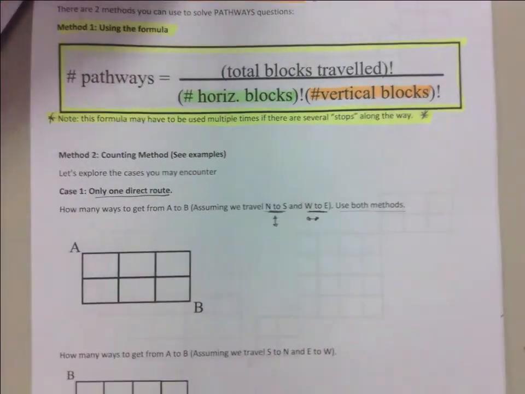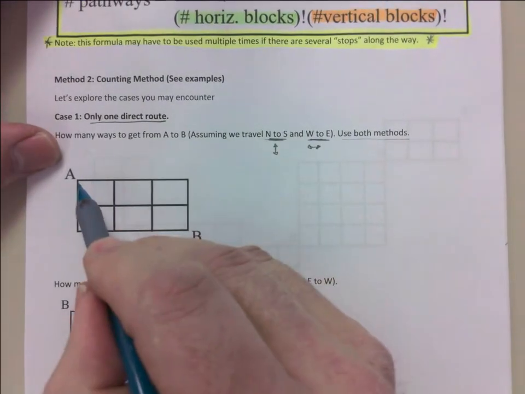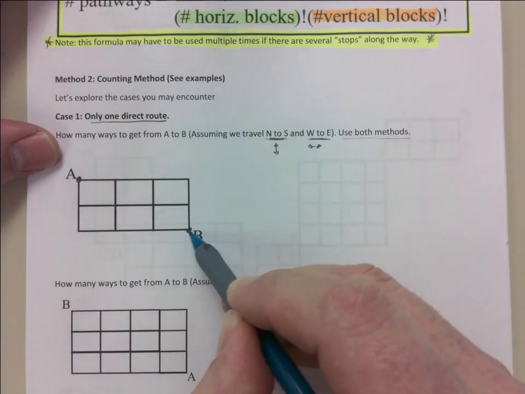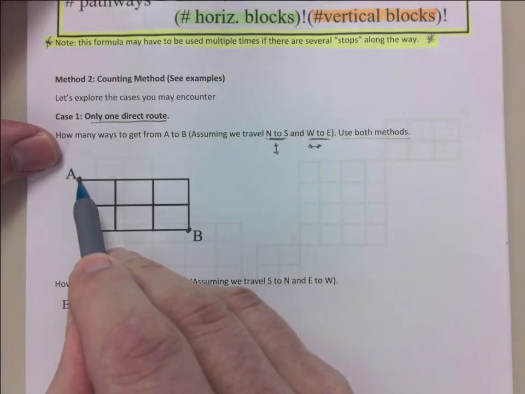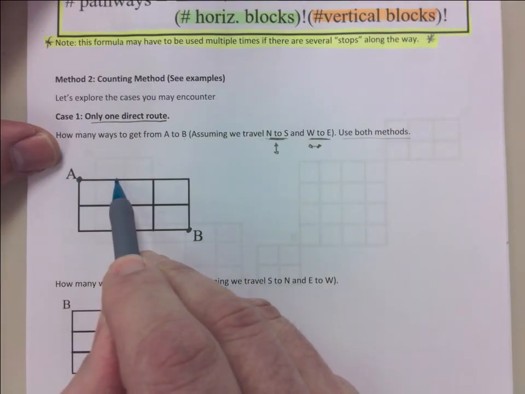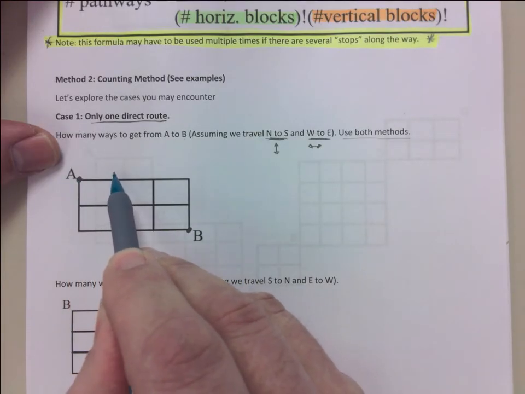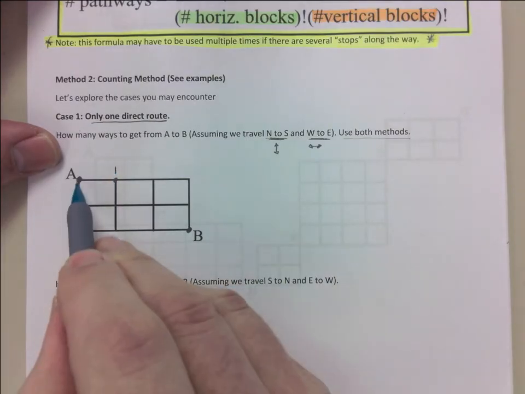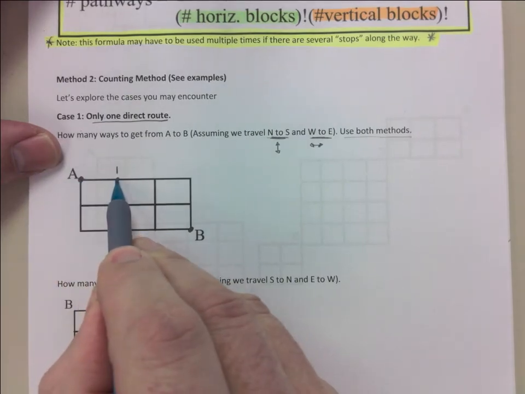This is the method that I'm going to show you here. Counting, you do it right on the diagram, okay? So watch this. You start here, you want to get to B, correct? You ask yourself, how many ways can I get to this intersection here? There's only one way. If I travel sideways or up and down, there's only one way to get to this intersection.